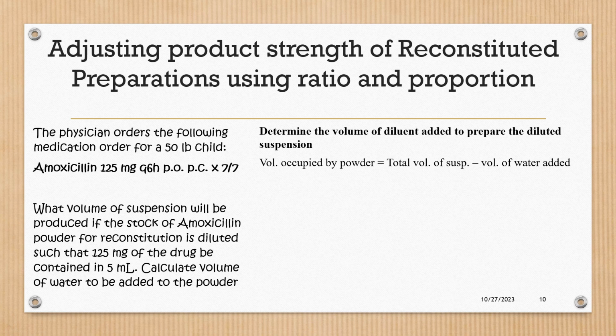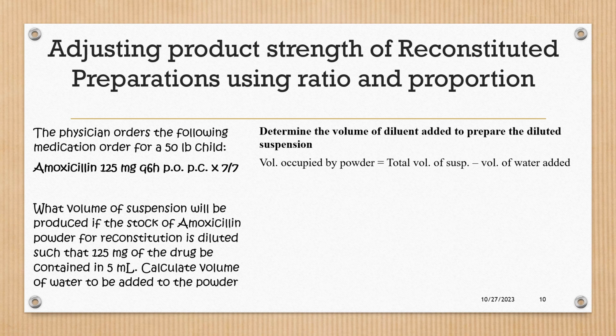So we need to determine the volume of the diluent that is supposed to be added to prepare the diluted suspension of 160 mils. That total volume that we just worked out is the total amount in the entire system.